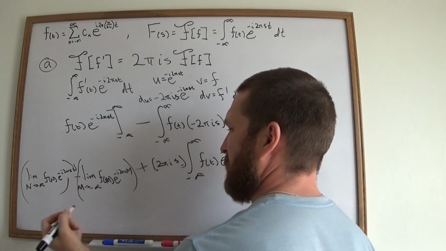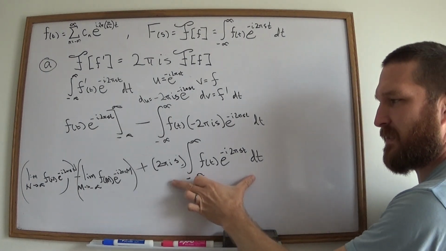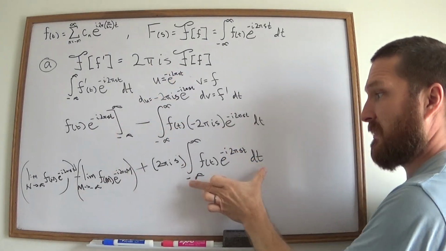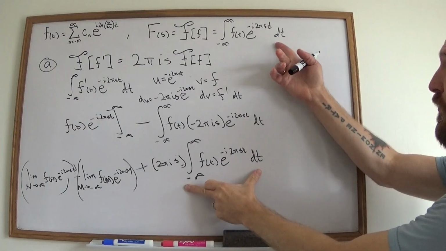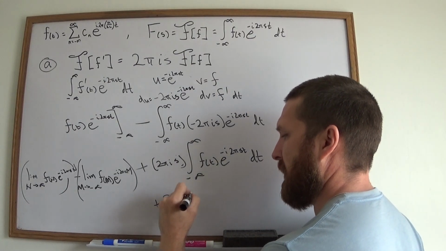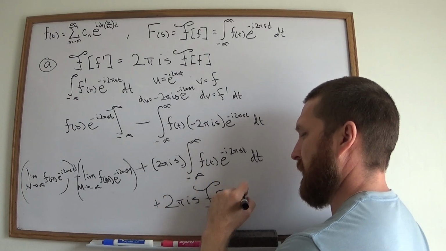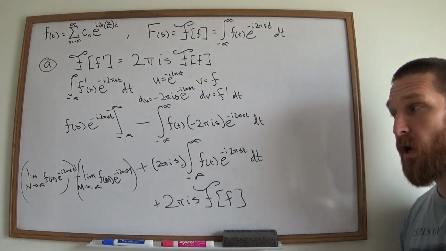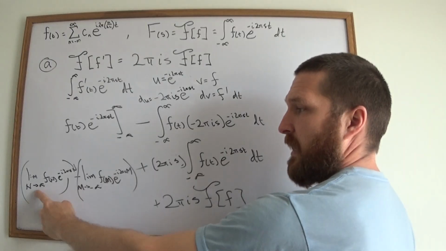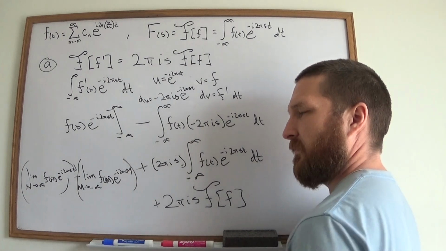That looks just terrible. Now, as you can see, this part is 2 pi i s times, by definition, the Fourier transform of f. So this is plus 2 pi i times s times the Fourier transform of the original function f, which is what we want to show, just as long as this goes to 0 as n goes to infinity, and here as m goes to negative infinity.